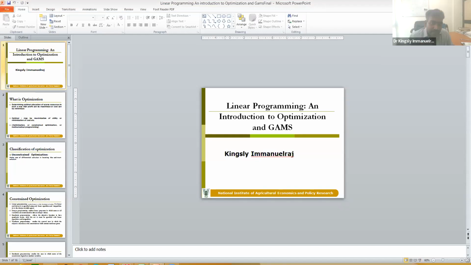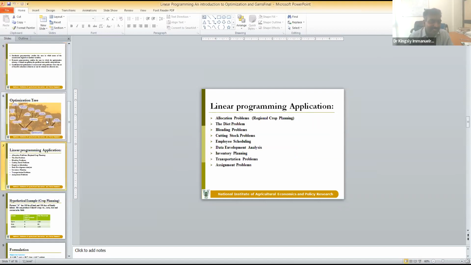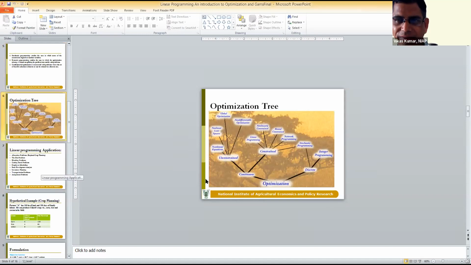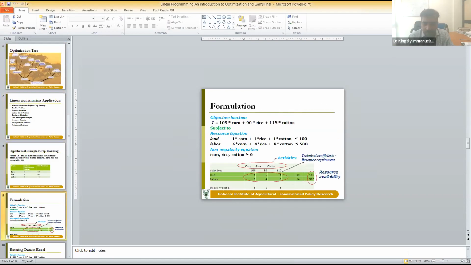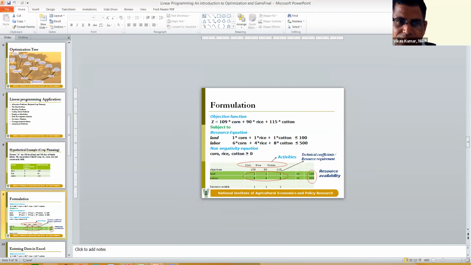Okay, second slide, what is optimization? Is it visible? Not visible, sir. It's still the first slide. It's not moving, and now it's moving. Yes, sir. Optimization tree. Okay, what about the linear programming application? Is it visible? No, sir. Yes, now it's coming. I have done it thrice now. Maybe I'll do it once again.